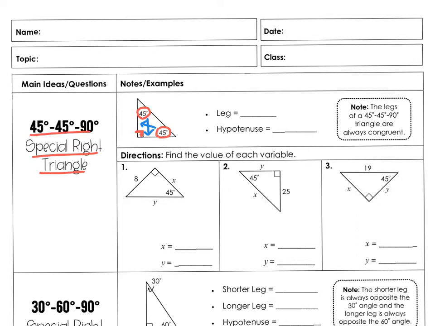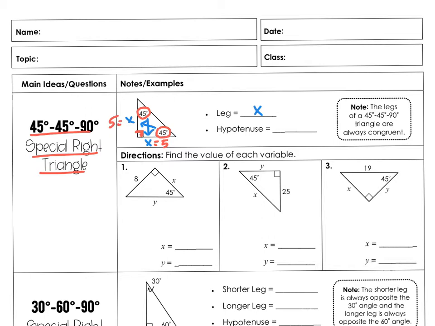So if this is x, then this is also x. Our leg length for our 2 congruent legs is x. All that means is if this side length was 5, then this side length is also 5.